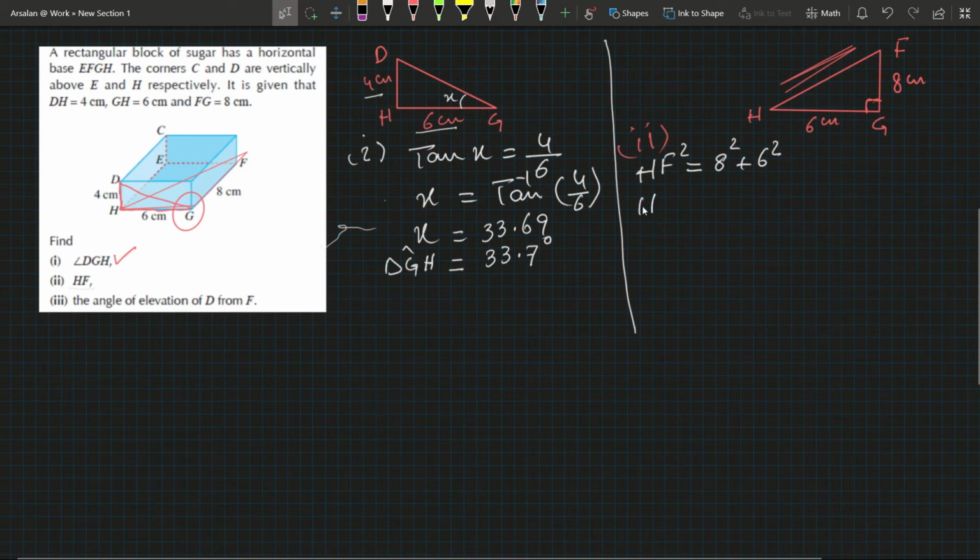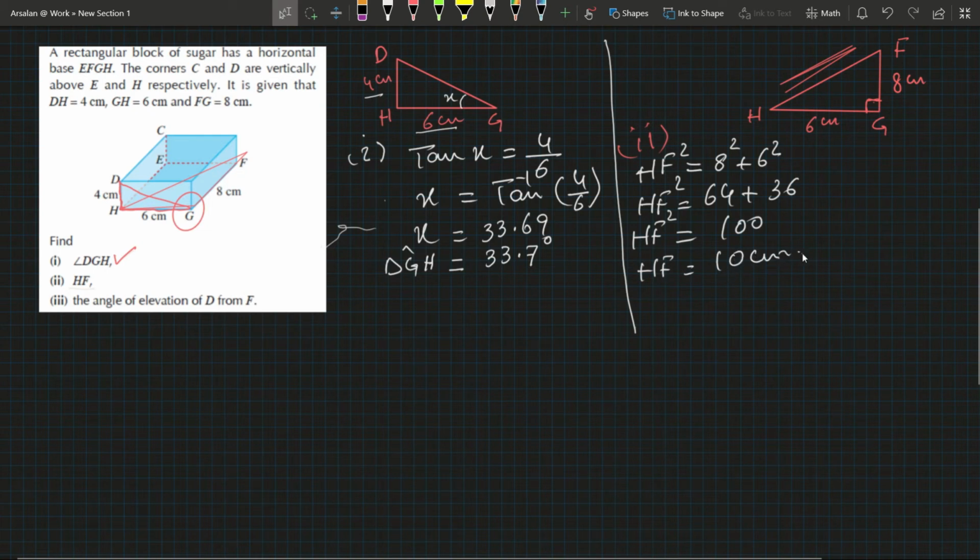So HF square equals 64 plus 36 equals 100, and when you take the square root of this value to obtain the HF answer, then HF will become 10 centimeter, right? So you see, questions are very simple.